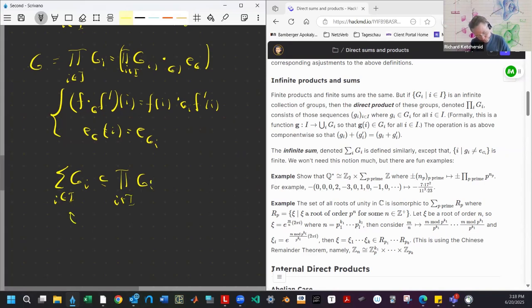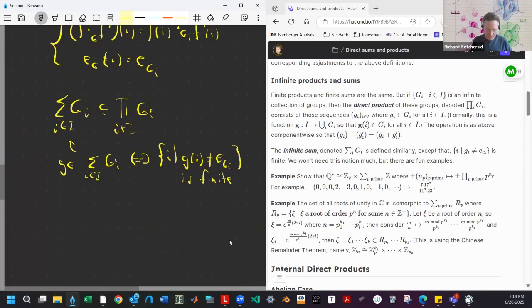But what we have in here is that g is in this thing if and only if the set of all i such that g_i does not equal the identity e_{G_i} is finite.